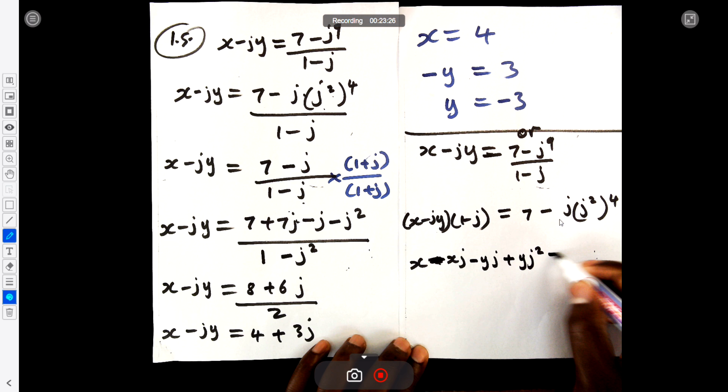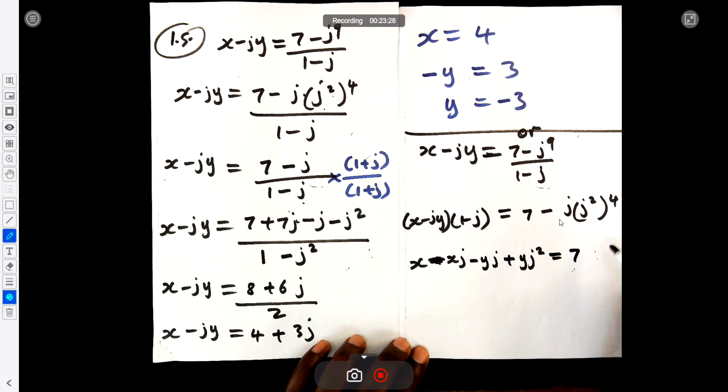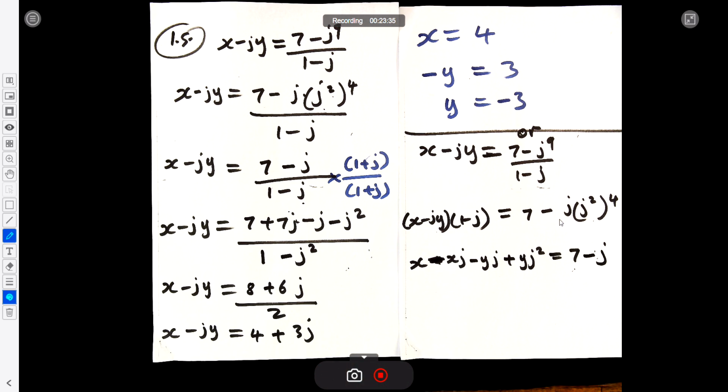So then on the right hand side is the same way we simplified initially of having 7. Therefore, because this is positive 1, you still have minus j. Then on the right hand side, the rule says that you must make sure that you group the real parts together and the imaginary parts together.